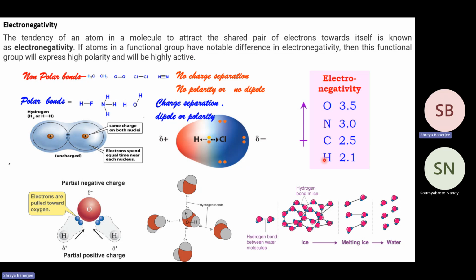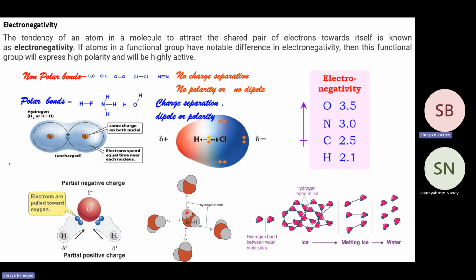Now, as you go from hydrogen to carbon to nitrogen to oxygen, the electronegativity increases. In a molecule like water, oxygen is attached to two hydrogens. Since oxygen has higher electronegativity than hydrogen, it will pull the electrons closer towards itself and gain a delta minus charge, whereas both the hydrogens will get a delta plus charge. So this is how there is charge separation in a water molecule.